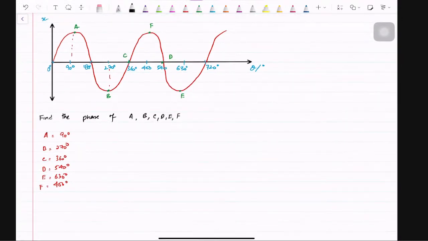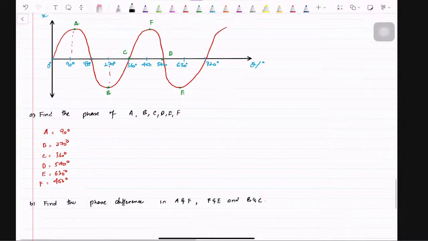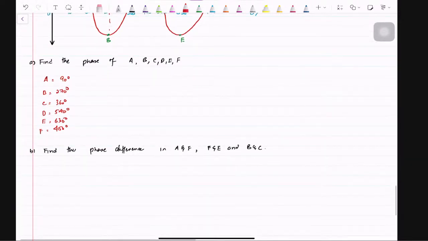Now they say, part B, find the phase difference in A and F, F and E, and B and C. So this is the question. The phase difference between A and F: F is 450 minus A 90.